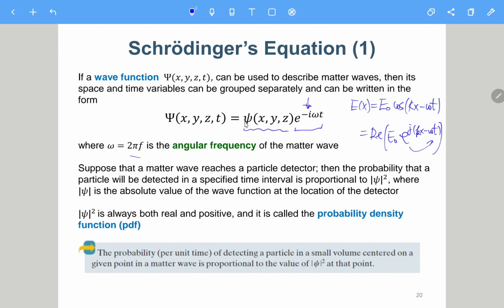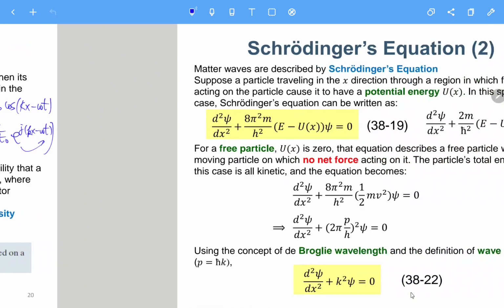After you take the absolute value, it becomes a real function, and even without taking the square, taking the absolute value of a function will always be positive and real. So it's called the probability density function. So the probability density function of the detector is proportional to the value here. So this is the Copenhagen interpretation.